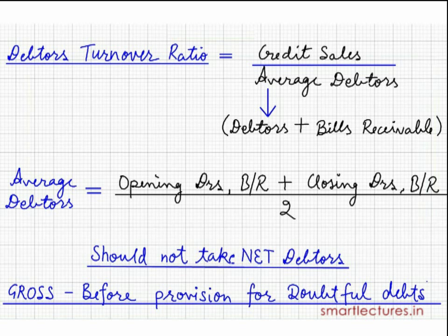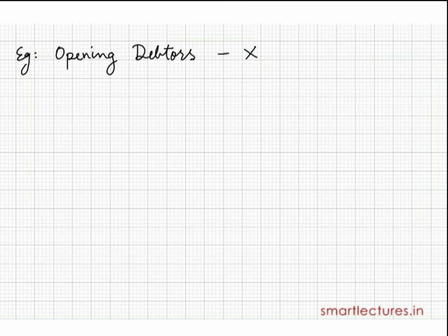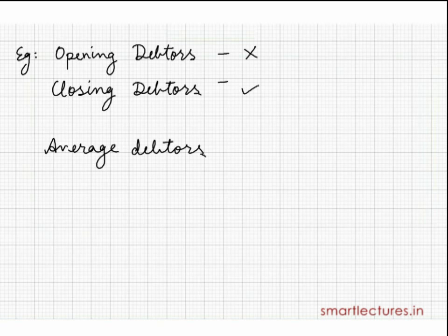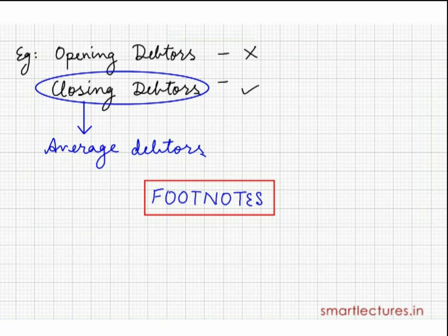Sometimes you may face a problem in the question. Suppose opening debtors are not given and only closing debtors are given, but you have to calculate average debtors, and you don't have opening debtors. In that situation, closing debtors will be assumed as average debtors, but you will have to write down in the footnotes that closing debtors are being assumed as average debtors.